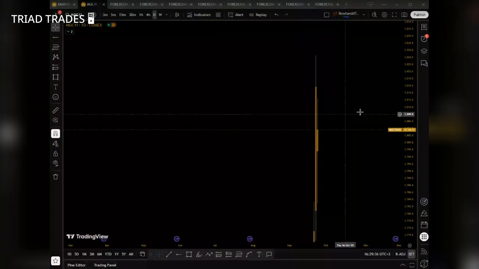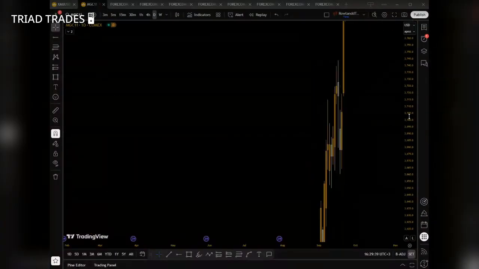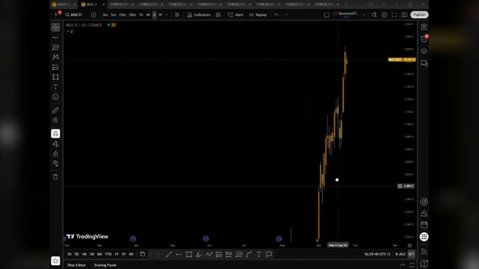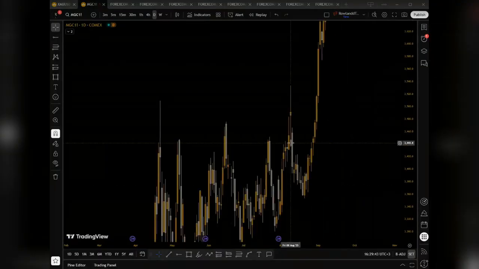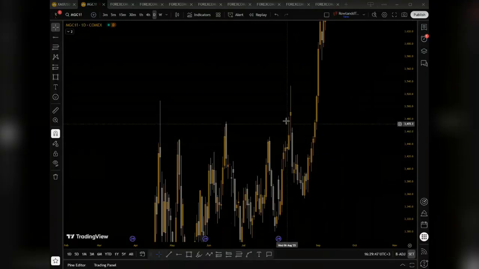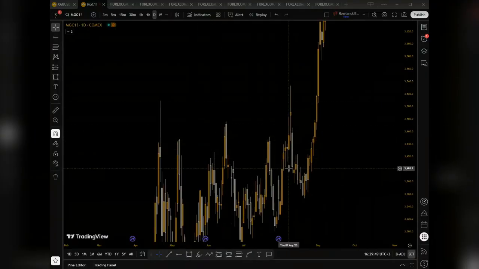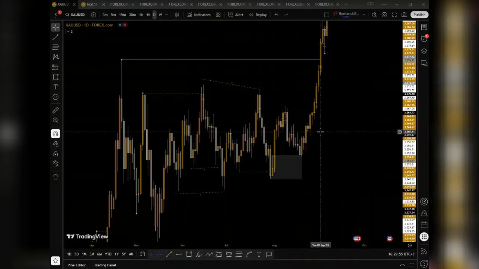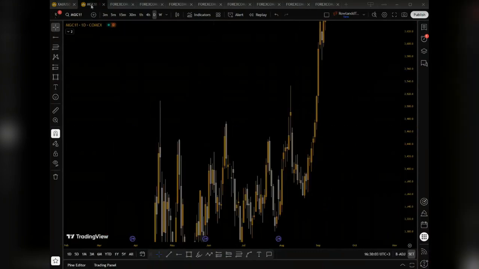I noticed that the high on MGC1 was already swept, and the sweep was not because of a crossover, it was actually a sweep. You can see it was swept on 8th of August 2025, and on spot gold it was swept on 22nd September. So by August I already had an idea that price would head for this high on spot gold.